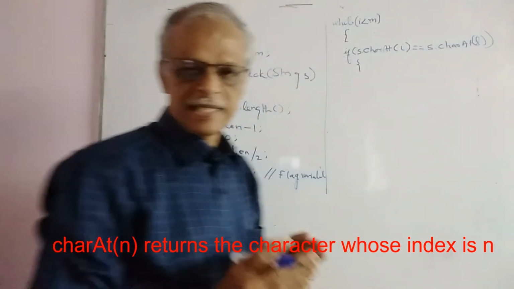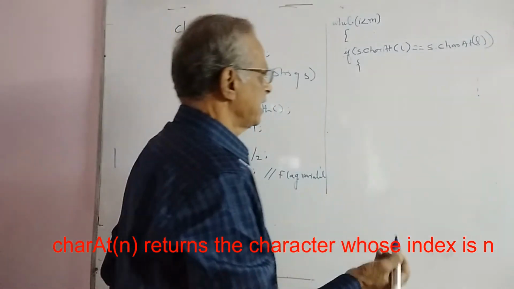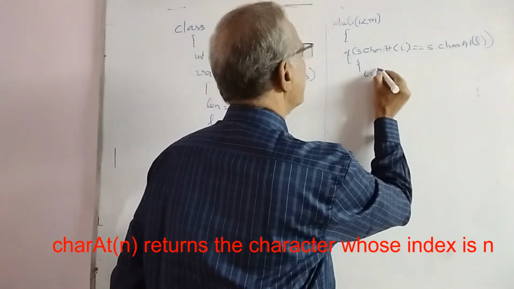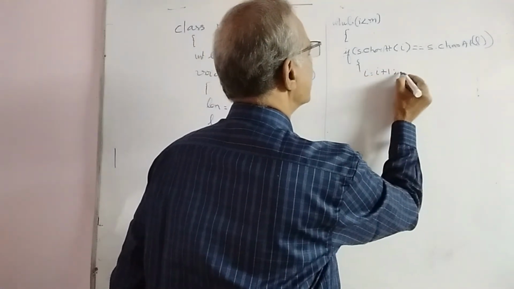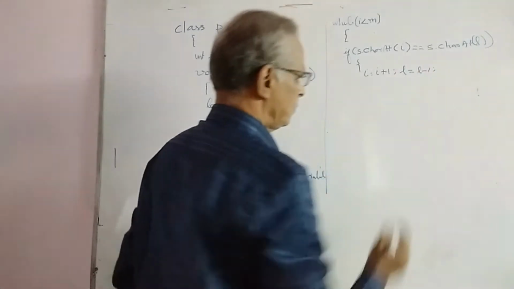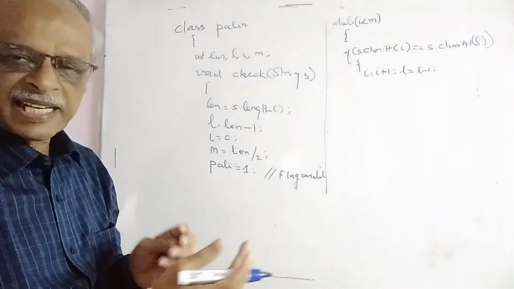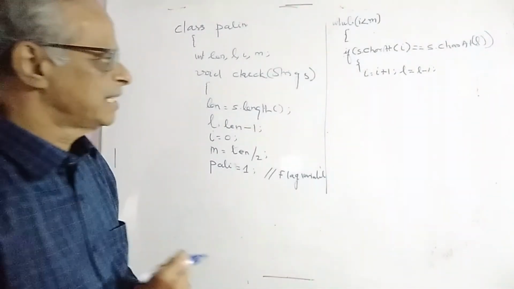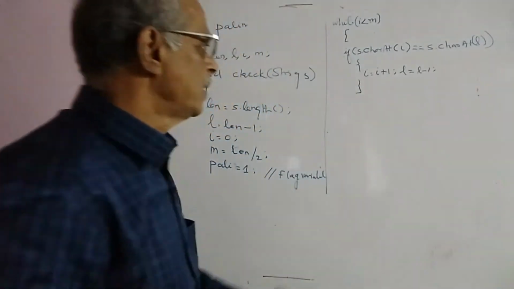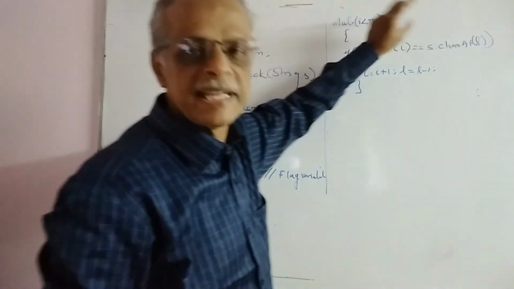We are checking the first character with the last character. If both are equal, then we have to increase I by 1 and decrease L by 1. Now we are going to check the second character from the beginning with the second character from the end. This process will be continued until these two characters are different.